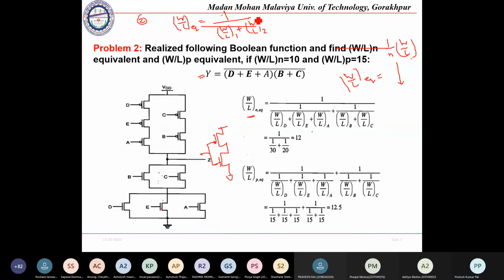In a similar way we will be calling it the equivalent, in the form of 1 upon W by L. It is like a parallel configuration. So the equivalent W by L ratio will be given by 1 upon this one.